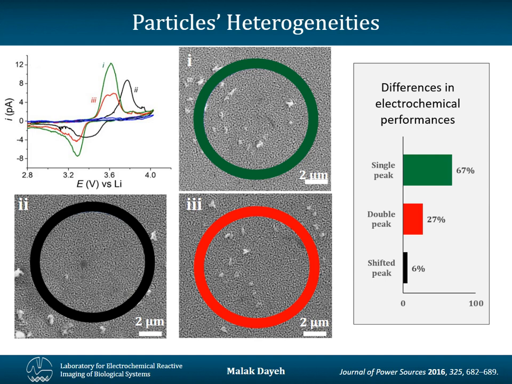And when we carried out further analysis using electron microscopy, it was revealed that for these particular battery particles, in fact, the carbon coating on the LFP particle wasn't uniform, and the ones that had the double peak and the shifted peak were not coated properly.